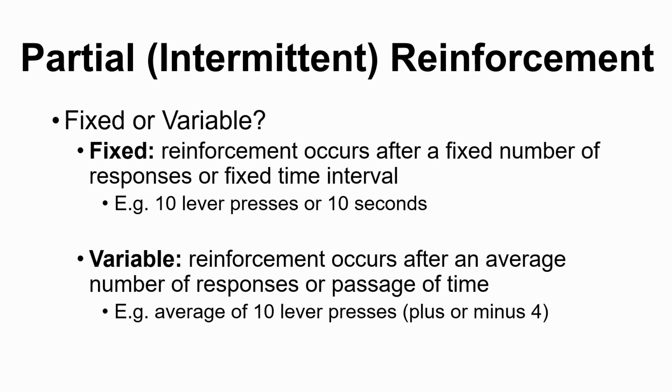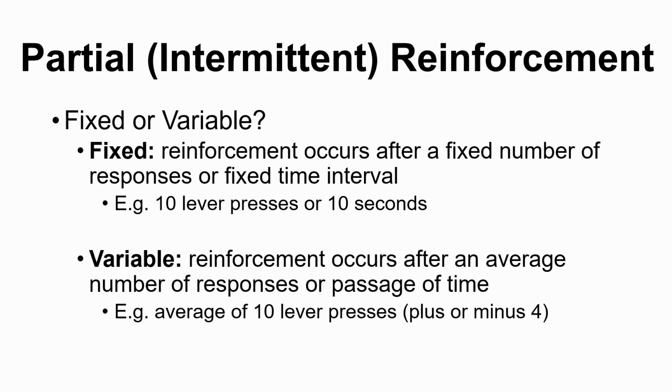So if we say on average, you're going to get food every 10 lever presses or so, but we say that it's 10 lever presses plus or minus 4, you might get food as soon as the 6th time you press the lever, but you might have to wait as long as until the 14th time. So there's variability there. And we would describe it in terms of what's the average, and then how much wiggle room we have around that variable point.